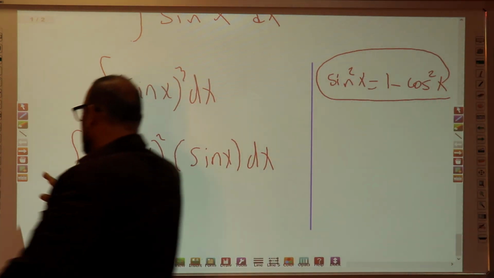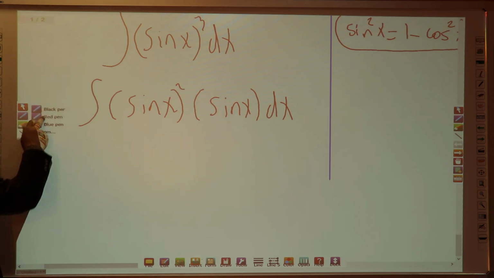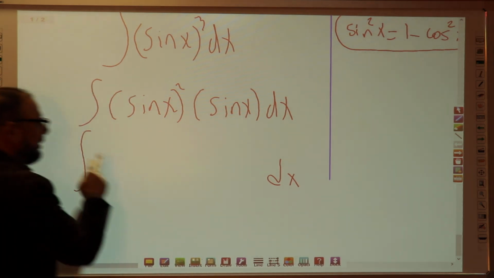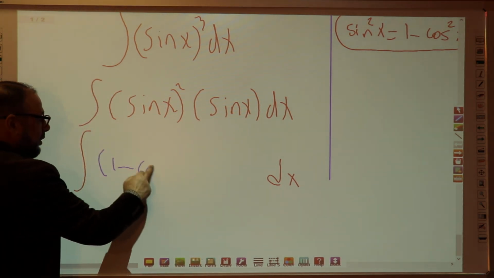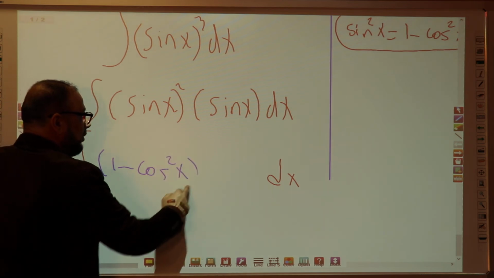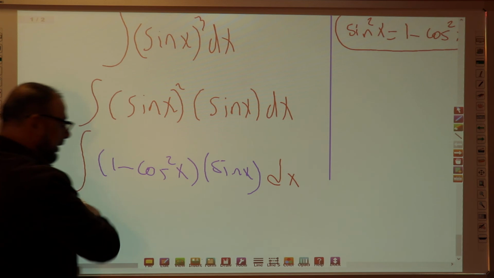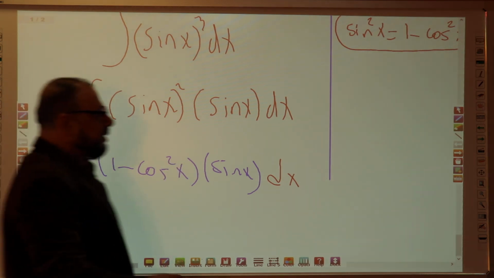I'm going to do it in two colors. Keep the dx. This is 1 minus cosine squared x, and here sine x, my integration in terms of dx. Now which one is my u?